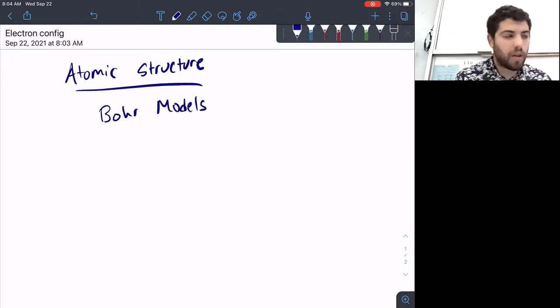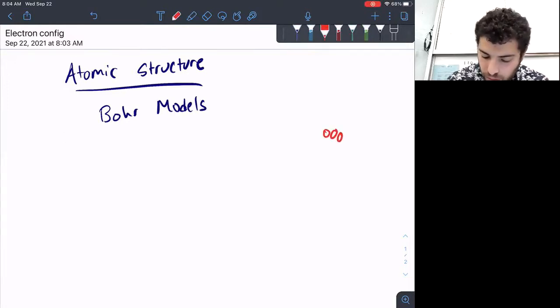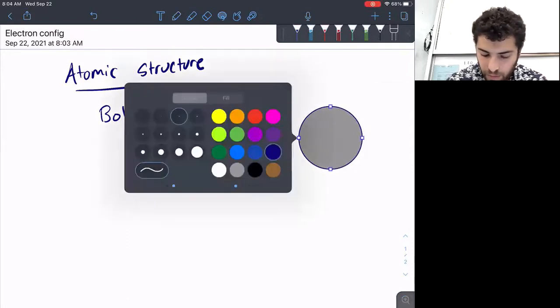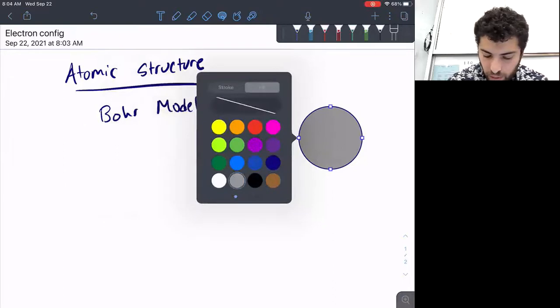And when we look at the Bohr models, we see a couple things. We have our nucleus in the center with our positive protons, our neutrons, and then we have our electrons, which I should probably fix this now because I'm going to draw a lot of rings.